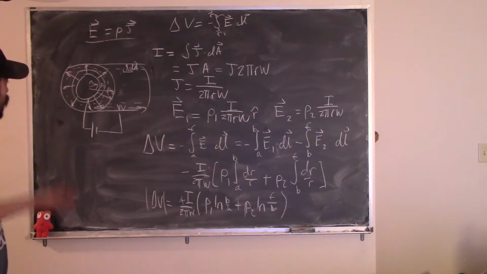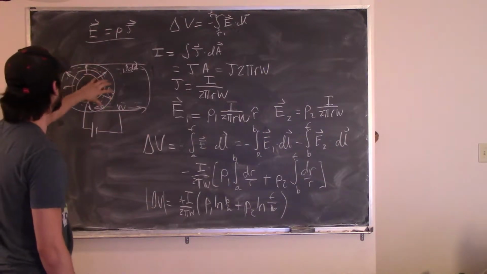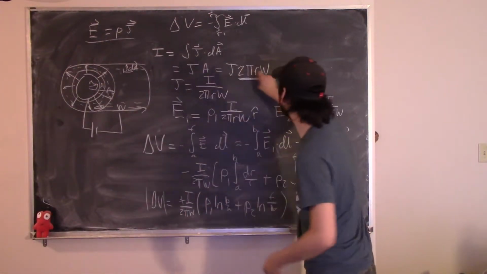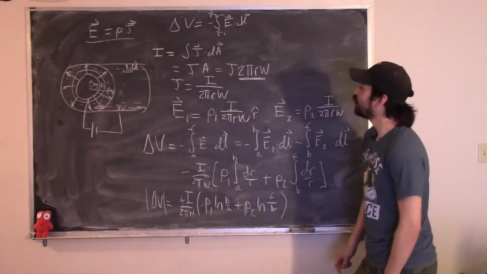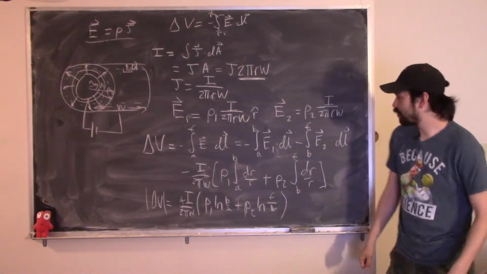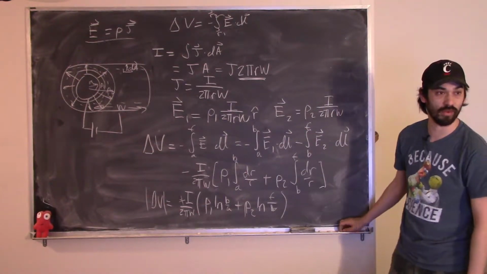We follow all the same steps that we always have when we have these resistivity questions. The thing that makes it a little bit challenging is the geometry. So this is going to be cylindrical, and the important thing to come out of this is that this area A is going to be this 2 pi r times W. Okay, so I'll pause here for a second and see if there are any questions, and then I'll move on to the next one.